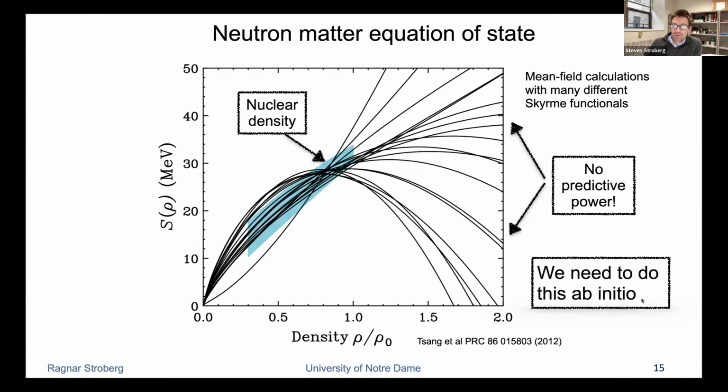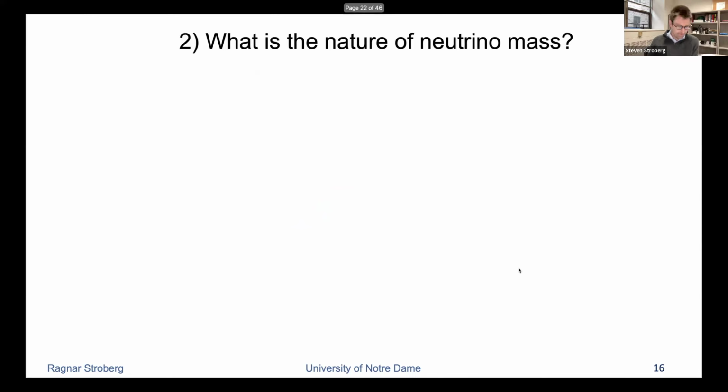And so what we need to do is go about this and do an ab initio calculation so that we have some control when we want to extrapolate a little bit further out there. Okay, so that's what I want to say about that, just motivating that, which I will talk about next week, how we can actually try to do that with ab initio calculations.